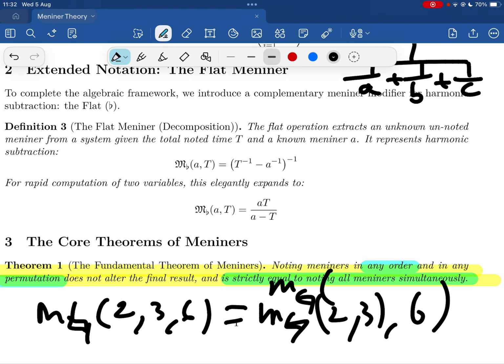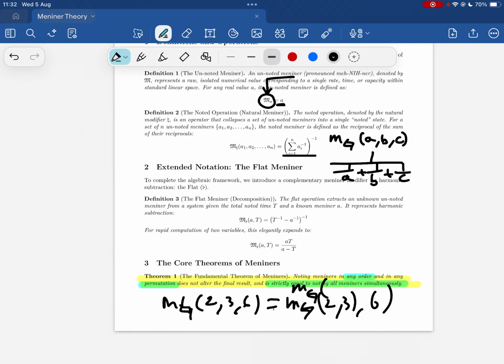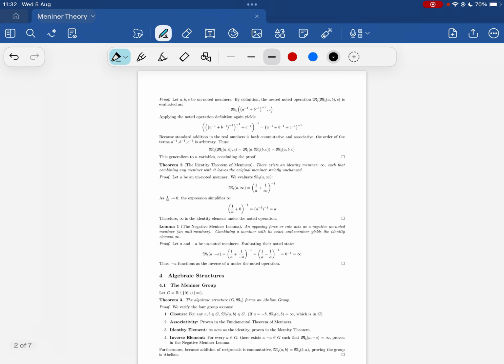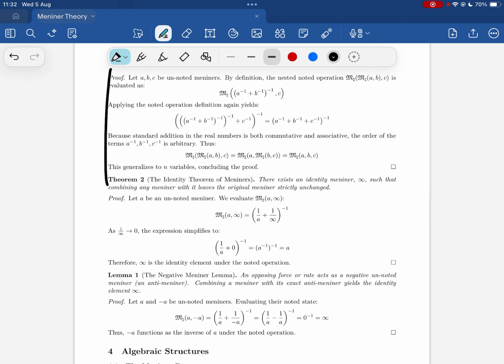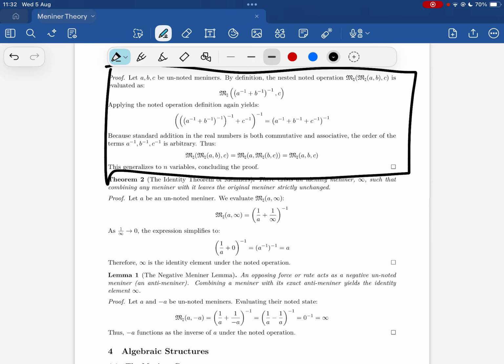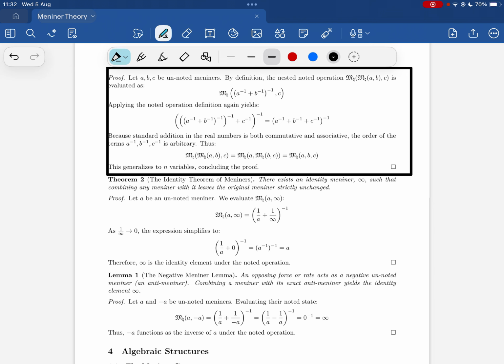And that can sort of prove that Meniners are associative and commutative, right? So, that is the idea of the Fundamental Theorem of Meniners. And here we have a very simple proof. We will not show it here because the proof is way too simple. It is left as an exercise for the watcher.